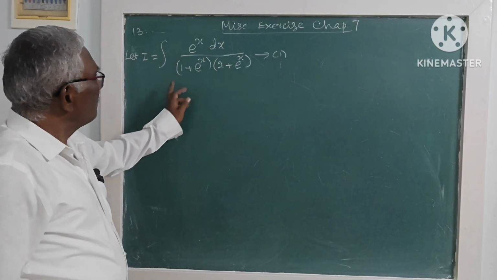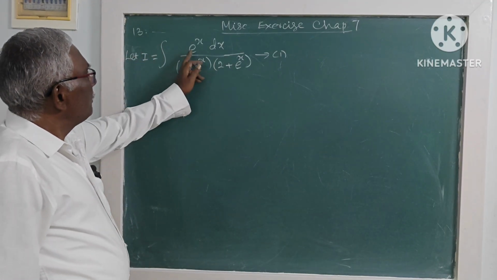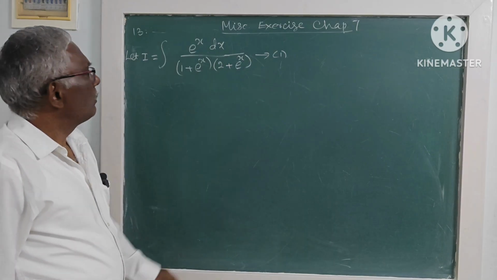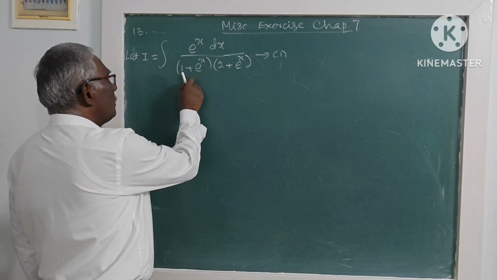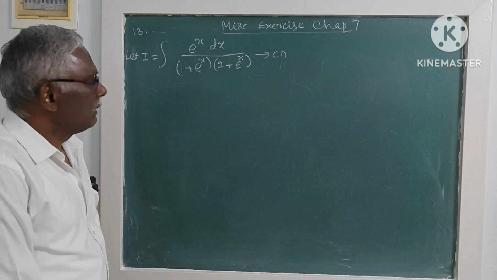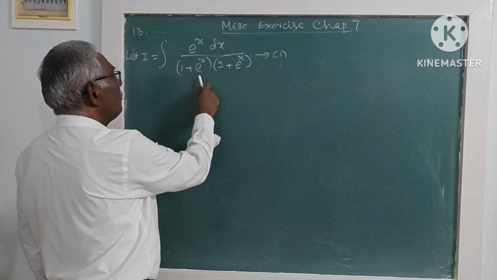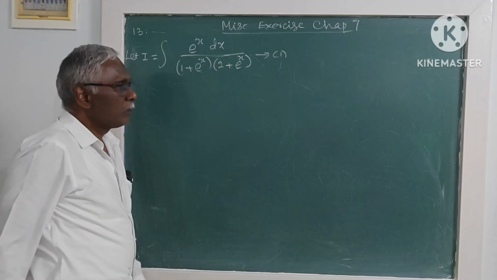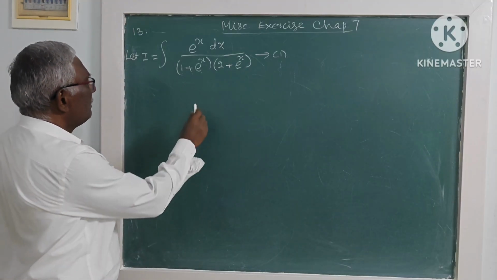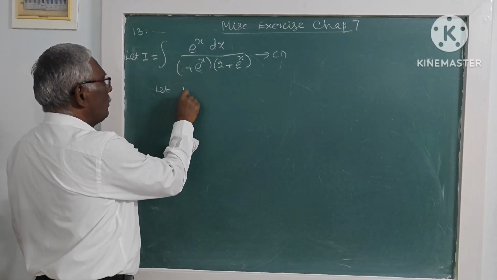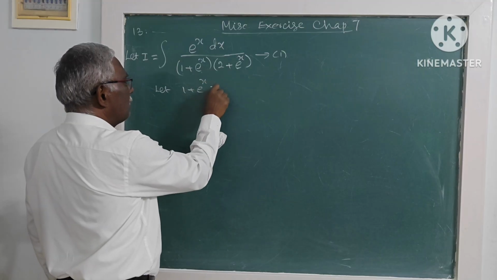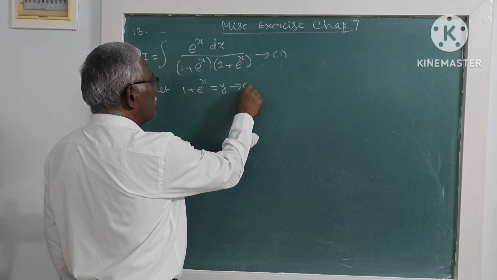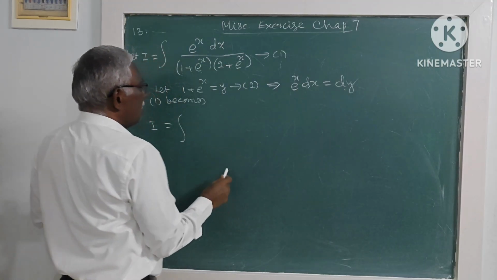So let us say this integration, e power x dx is there in the numerator. If we take 1 plus e power x as y and differentiate, what will come? e power x dx will come. That will become dy. So let 1 plus e power x equal y. e power x dx is nothing but dy.